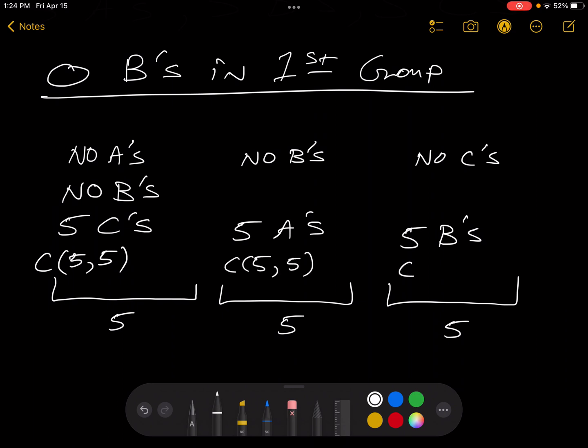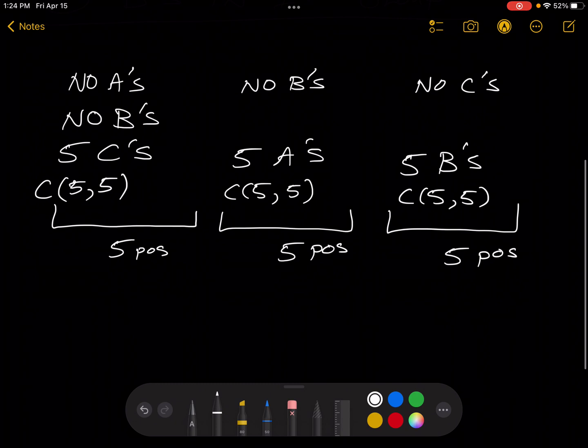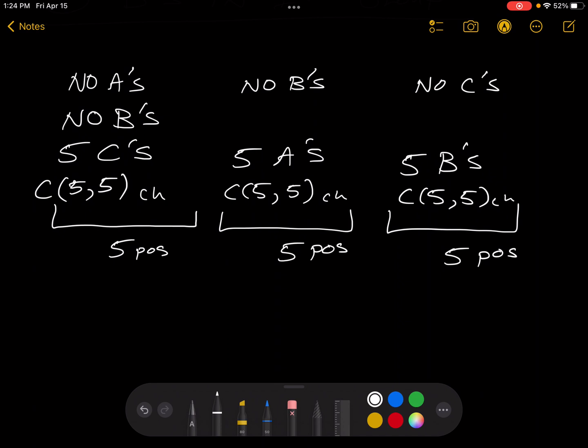Here we have 5 positions, choose 5 of them to be B's. So you can think of this as choices, choices, and choices, right? So for this one, you have C55 choices times C55 choices times C55 choices, otherwise known as C55 cubed.